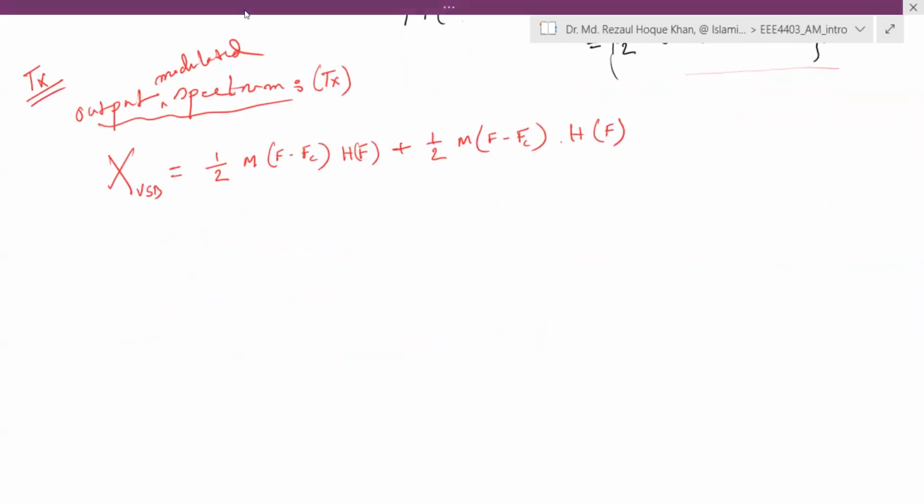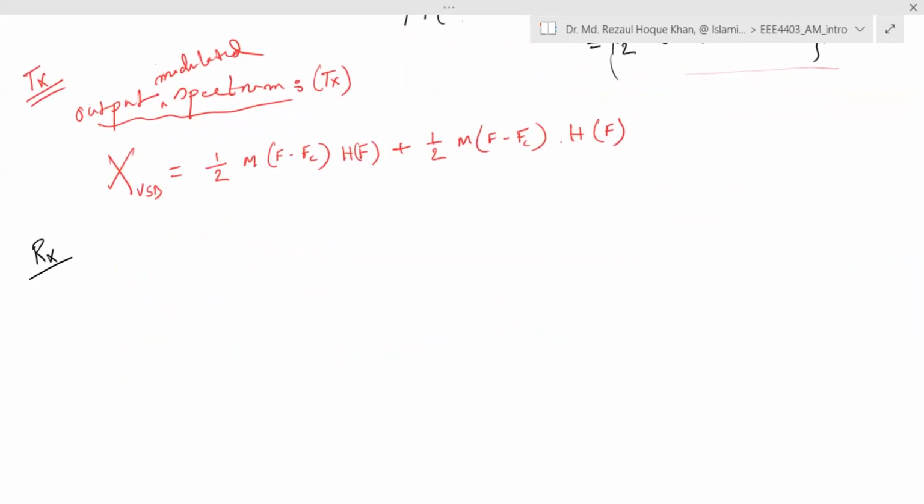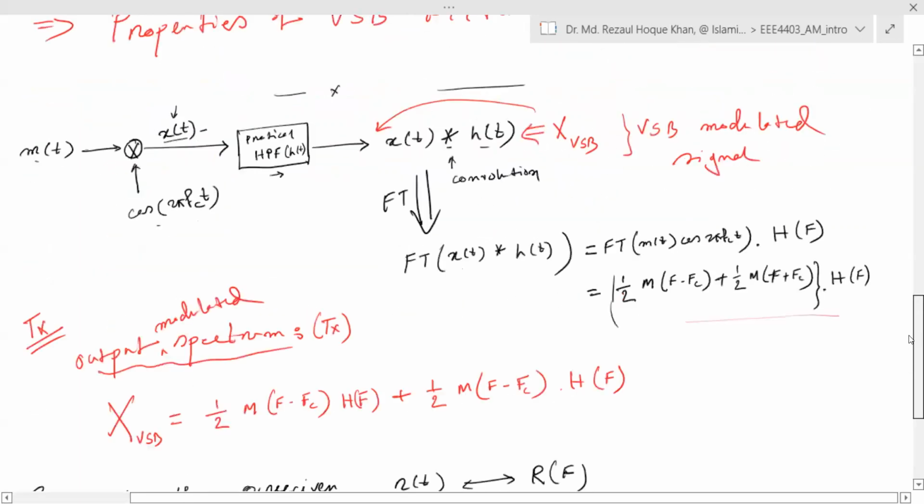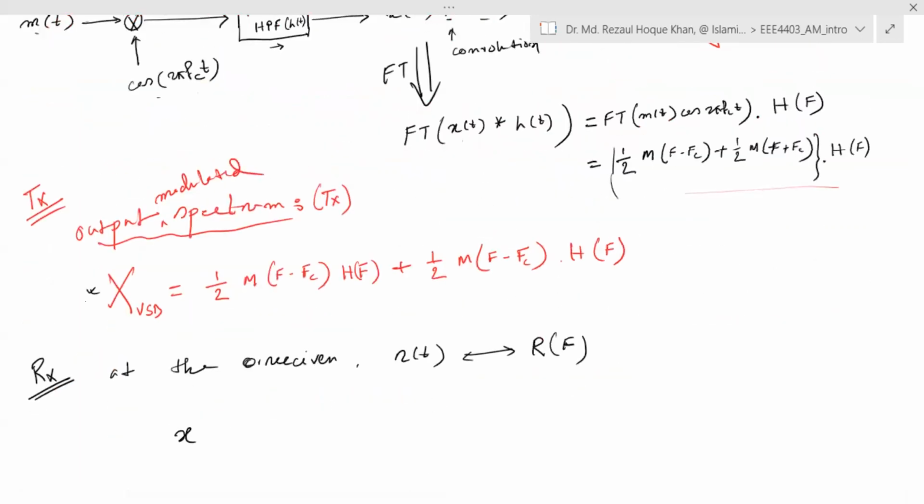What happens at the receiver then? Say the received signal is r(t). If we do the Fourier transform, that will be R(f). What signal do we receive?